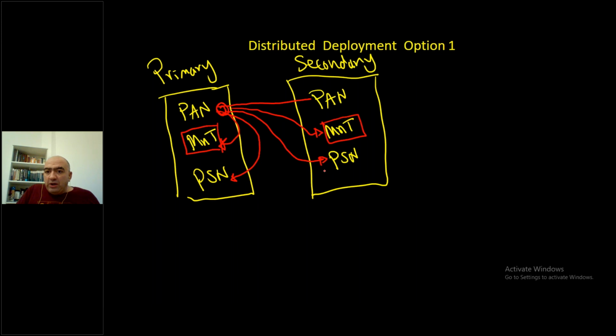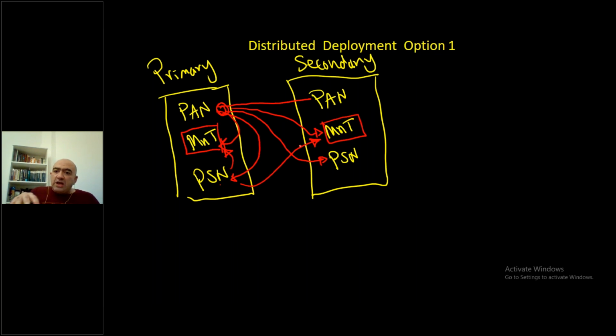So how will the secondary get the logs? It will get them from the original source. So if the PAN here is sending logs to this MNT, he is responsible for sending them to this MNT too. If this PSN has some logs it wants to send to this MNT, it will send them to this one, and it will send them to this one.